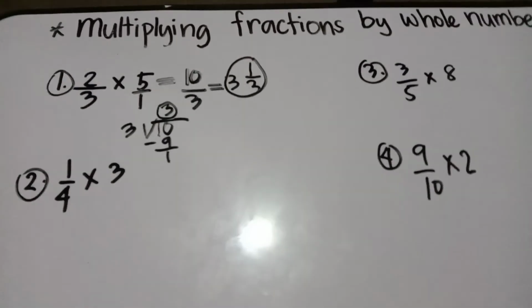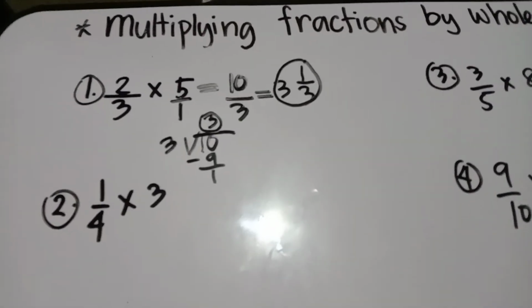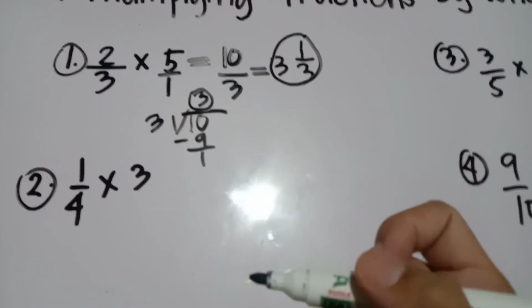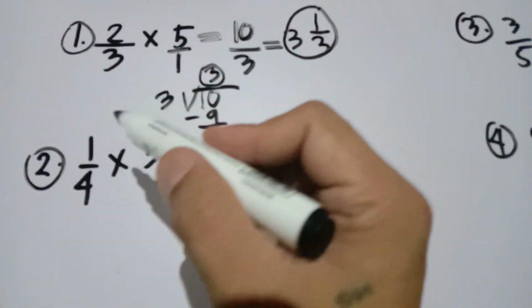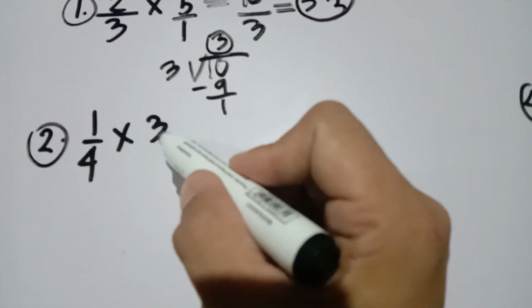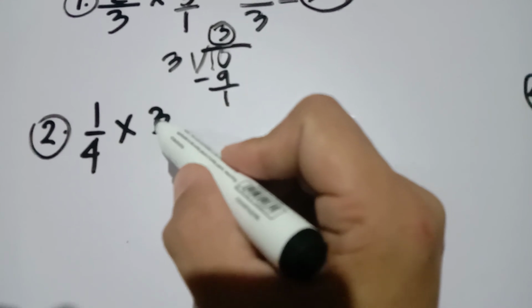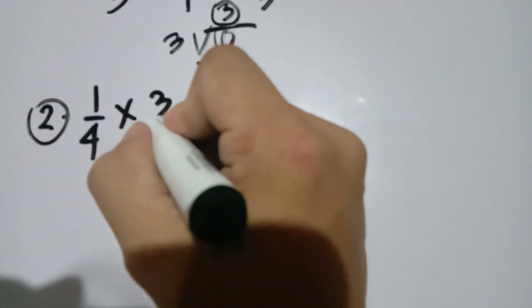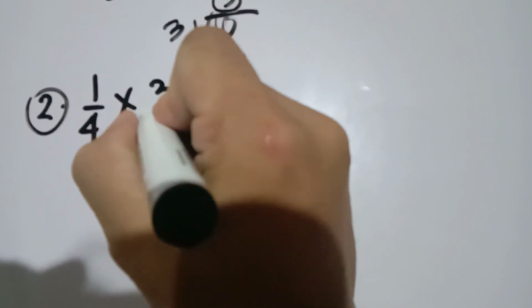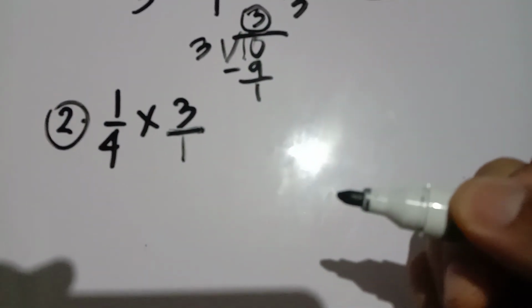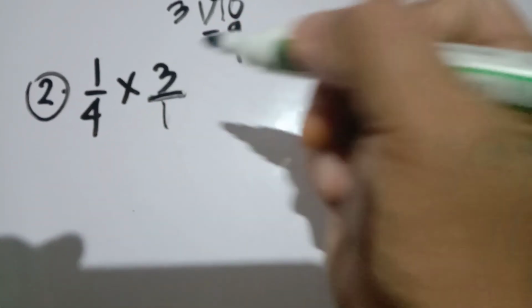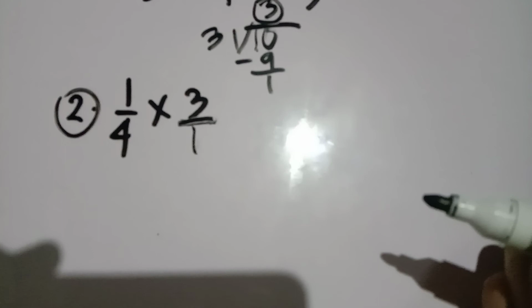Okay, so let's proceed with number 2. 1/4 times 3. So again, pag ganito po yung given, fraction and whole number, ang gagawin natin, we are going to write 1 as the denominator of the whole number. Lalagyan lang po natin ng 1 as denominator yung whole number.